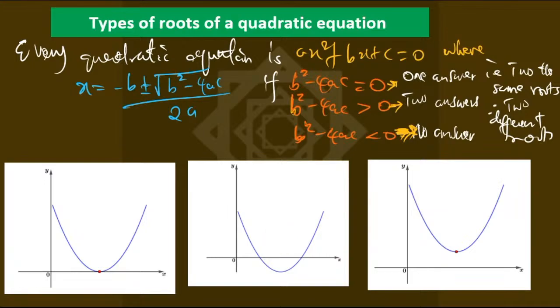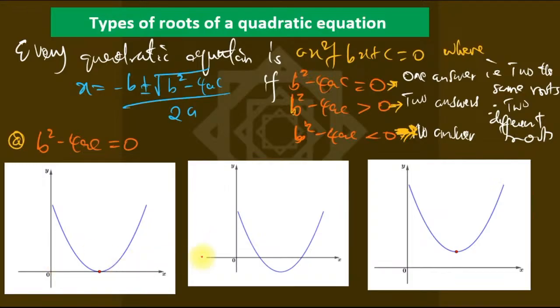This first one is where b squared minus 4ac is equal to 0. As you can see, it intersects at only one point. So it's now tangent to the x-axis.